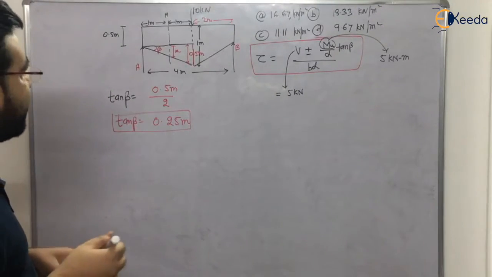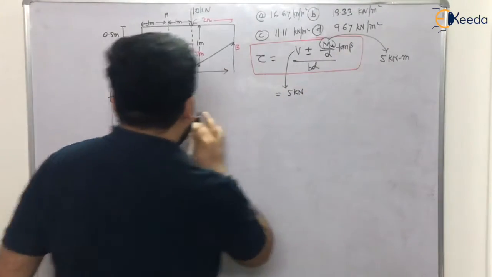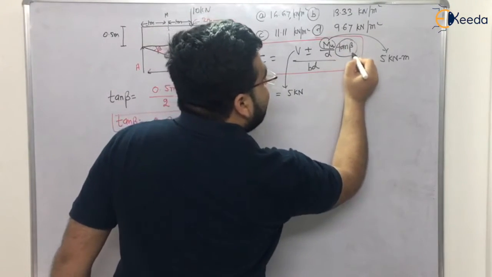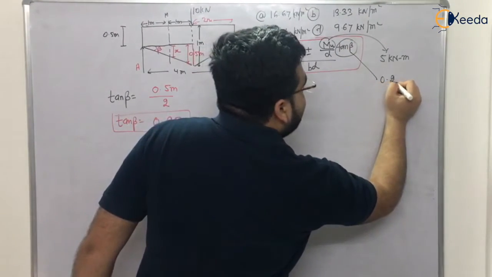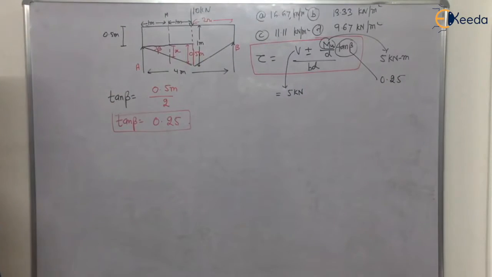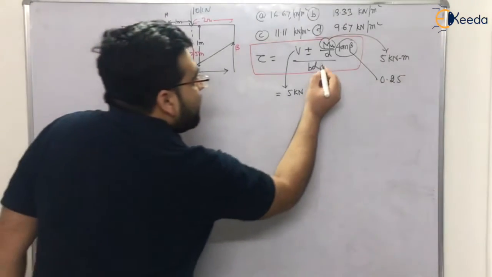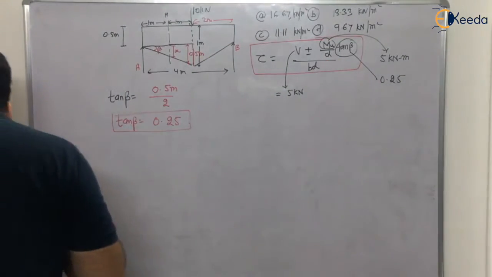So how much is tan beta? 0.25, not meters, because that is an angle. So tan beta is 0.25. Simple. Now the next step would be to determine D. Now how to determine D?